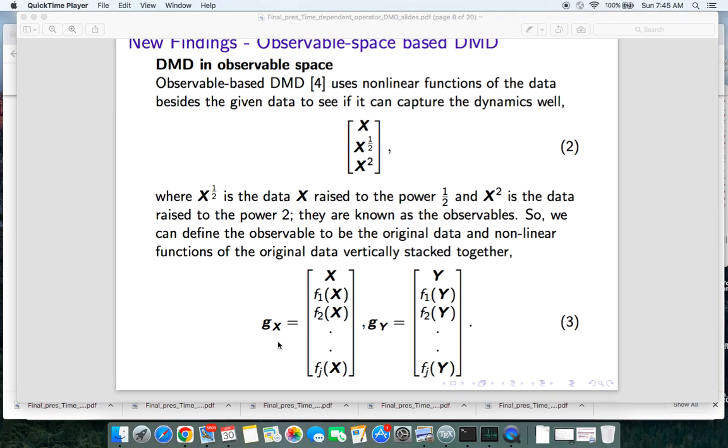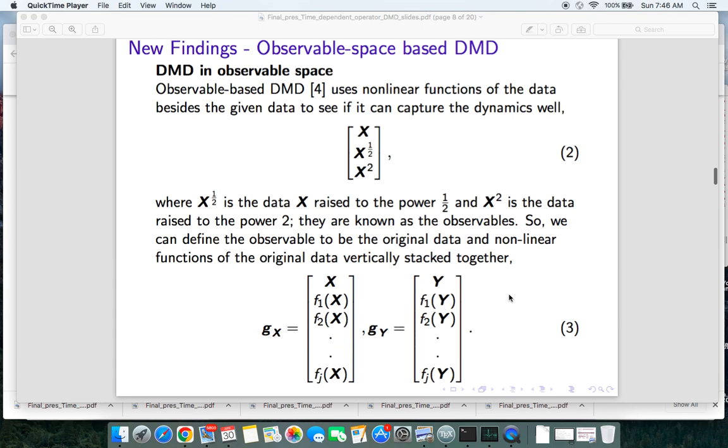So, and we will label this extended data set by G. So for capital X, it's G sub capital X, and for the shifted data, capital Y, the observable will be called G sub capital Y. Okay, so this is how DMD is thought about in the observable space.